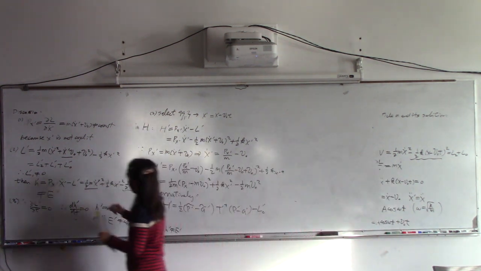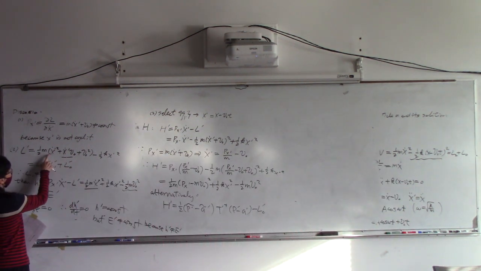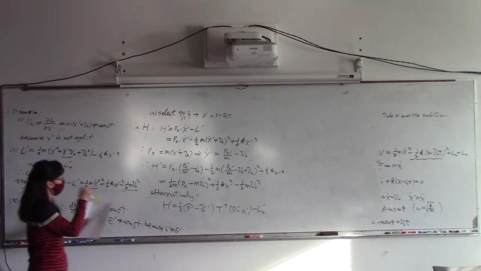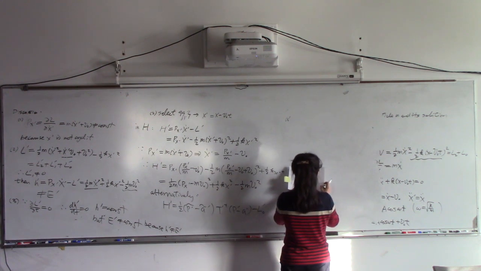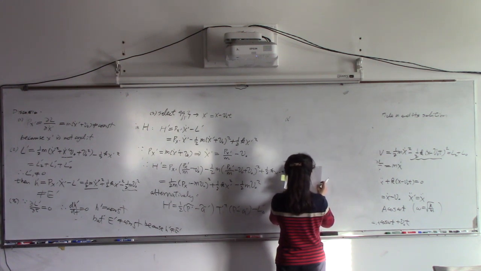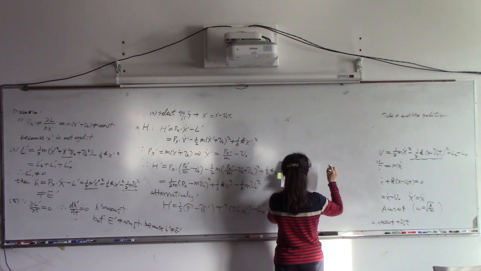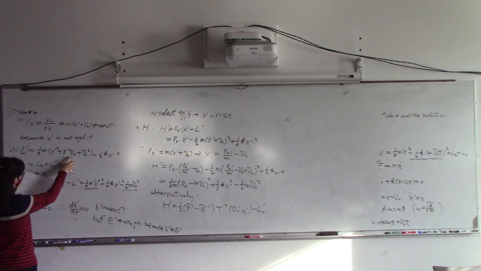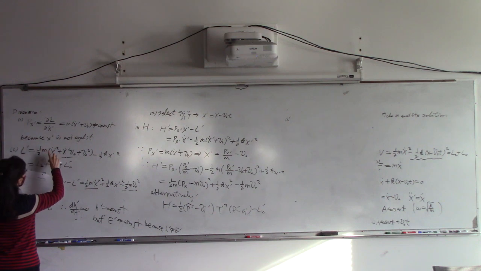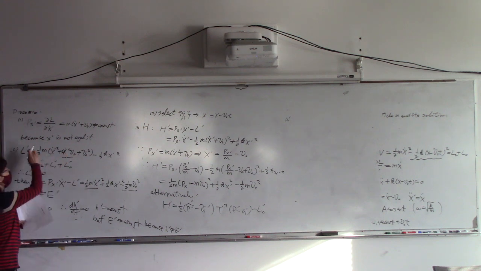So we can see here, this is L prime, half m, this one. So here A prime is here. I think I missed this factor of half. Yes, I think I missed this factor 2, right? So that is this.